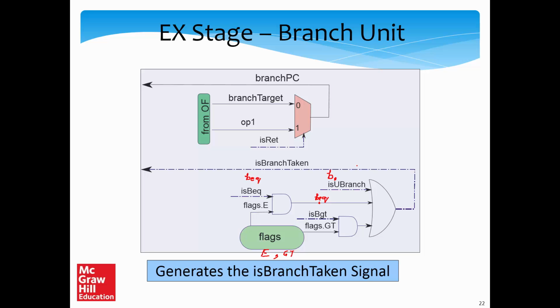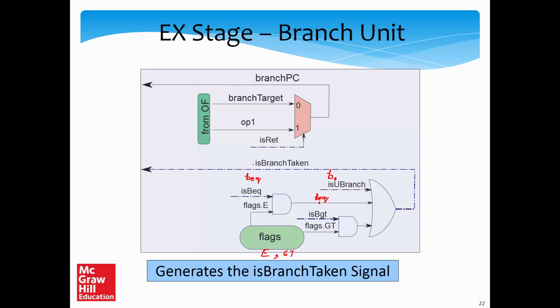Basically, if that is true, which means we are branching in any case, we do an OR. An OR gate is needed to find out whether this is a taken branch or not. If we are branching to some other location, then this control signal is set to true.